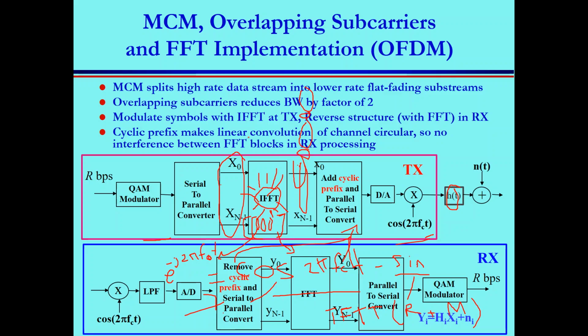We add the cyclic prefix to be able to convert the convolution in time domain to multiplication in the frequency domain. Which is easier, convolution or multiplication?